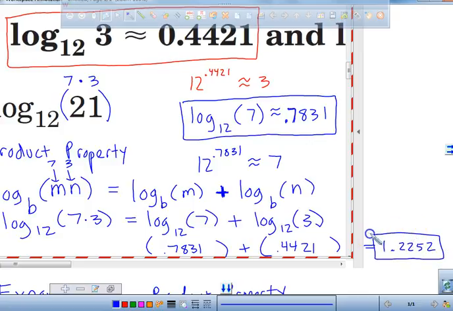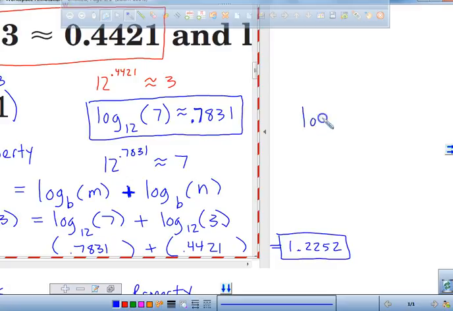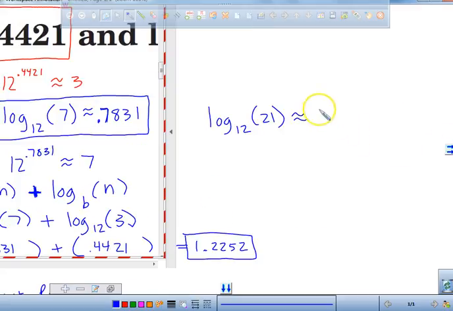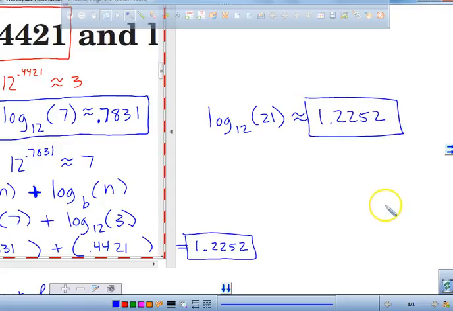Is that correct? Now, everybody, this is your final answer. Your final answer of log 12 of 21 is approximately equal to 1.2252. Now, what does this answer mean? That's one of the things you need to ask yourself.